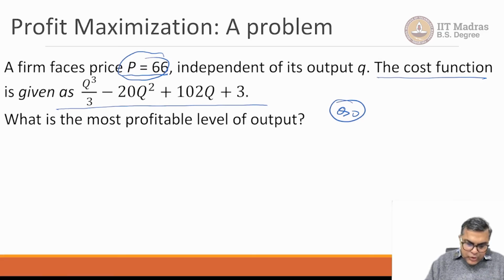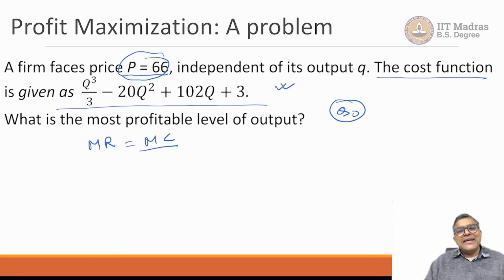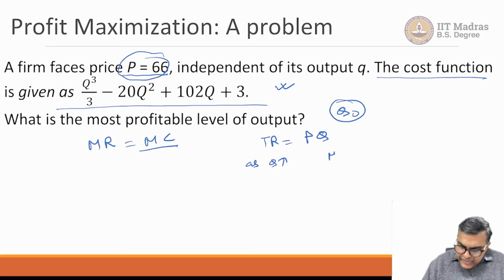So let us take a look at it. What is the requirement? That marginal revenue should be equal to marginal cost. We will assume that Q can be varied in a continuous manner. So if total revenue is P multiplied by Q, and as Q goes up, P doesn't change, how much is the marginal revenue?